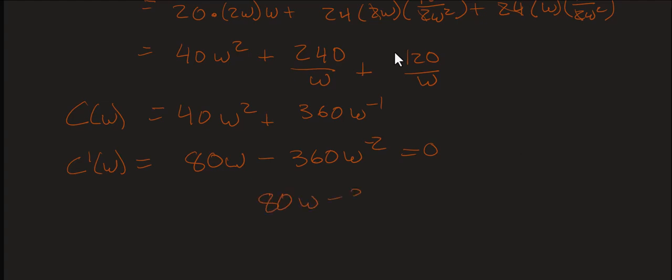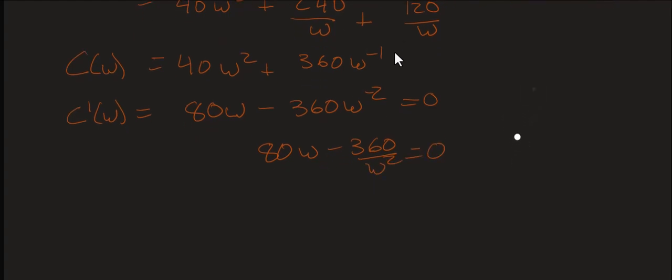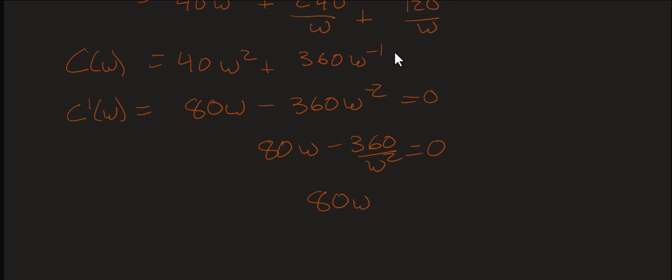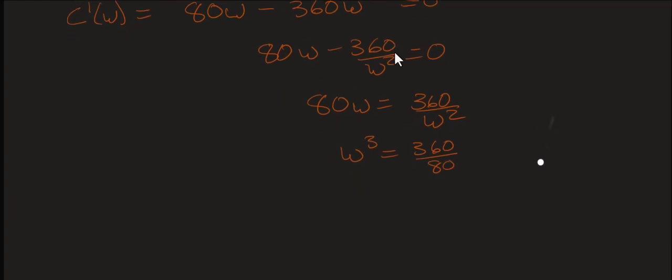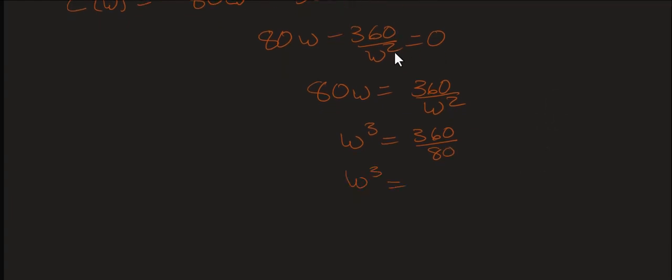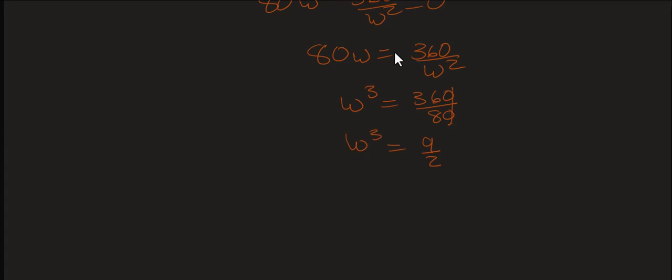So 80W equals 360 over W squared, or W cubed equals 360 over 80, which is 9 over 2. Or W equals the cube root of 9 halves.